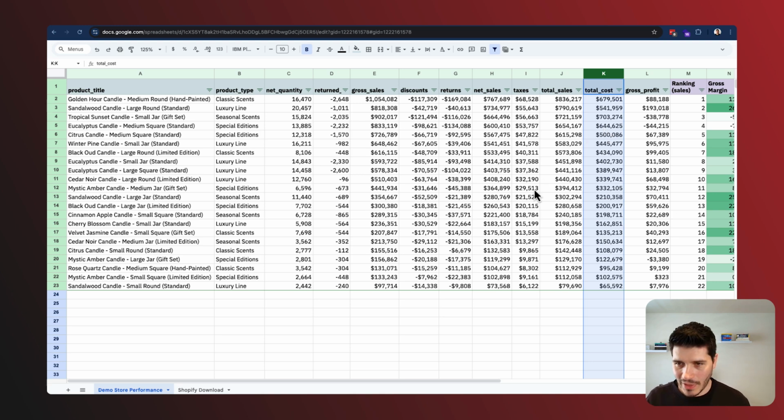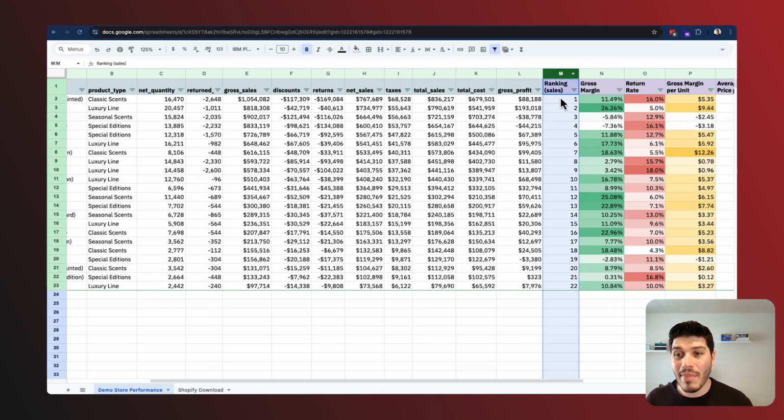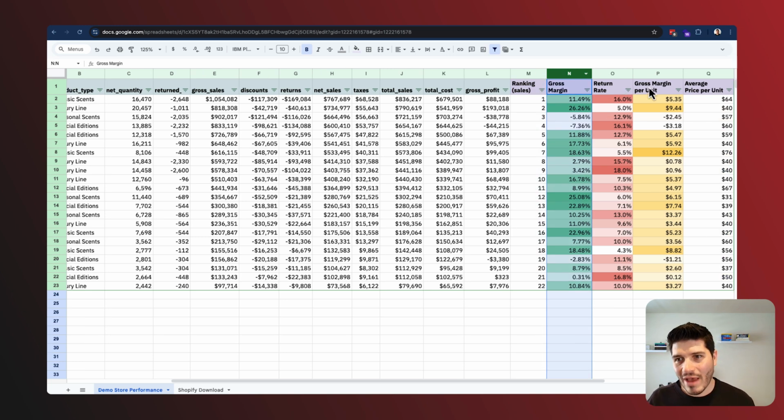So let's get into it. This information is ranked by total sales. So the ranking we see here is based on how much money these products are making in terms of revenue. So here we have calculated metrics like gross margin of a given product, return rate, which is how many units are being returned by customers, and probably our most important indicator here, which is gross margin per unit.